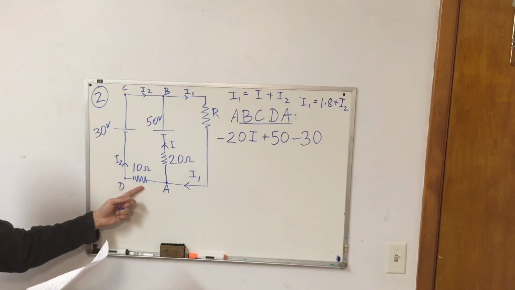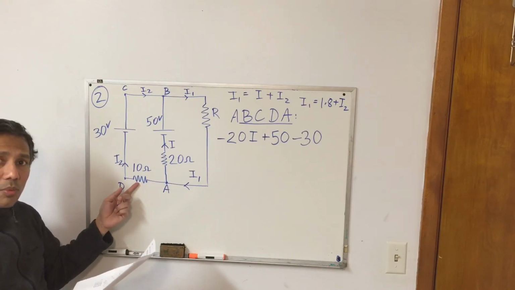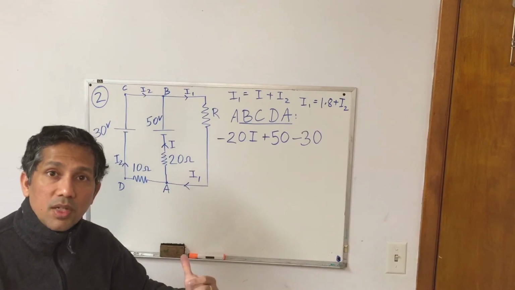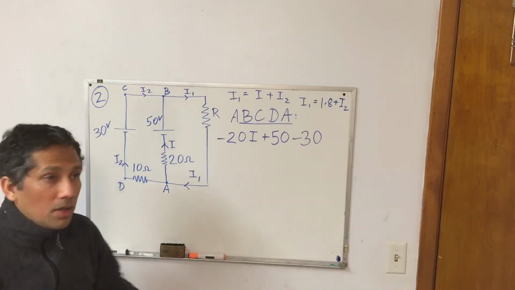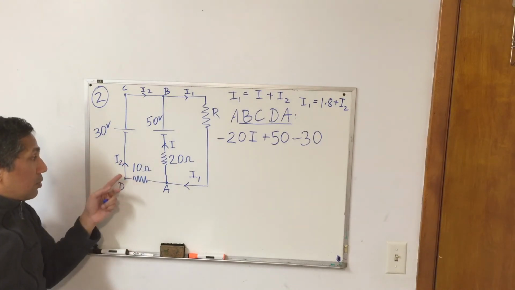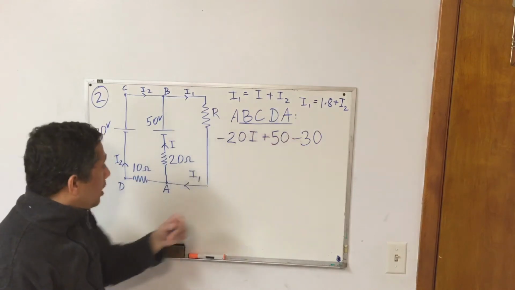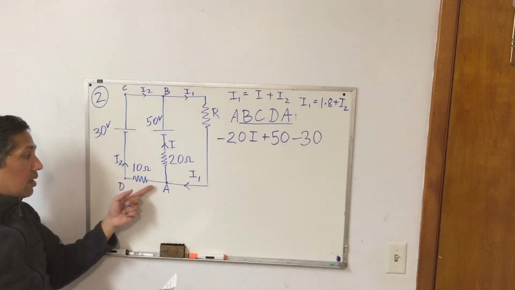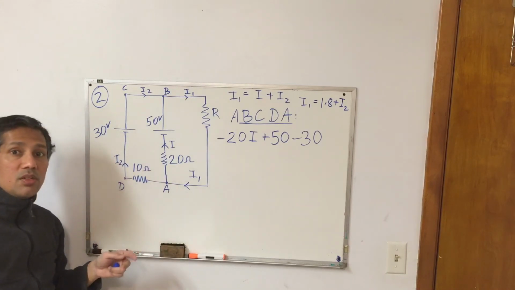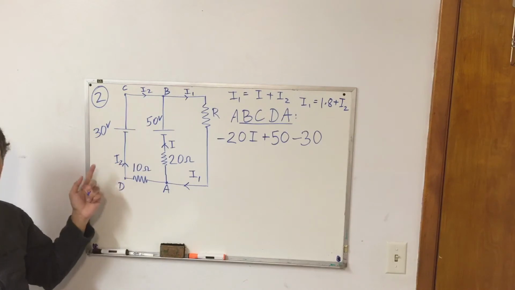Finally, I see this 10 ohm resistor before I come back to A. Am I traveling in the direction of the current or opposite to it? I'm traveling opposite to the direction of the current. Remember, we are going from D to A, but the current I2 is actually going from A to D. So I gain potential, 10 ohms multiplied by I2.